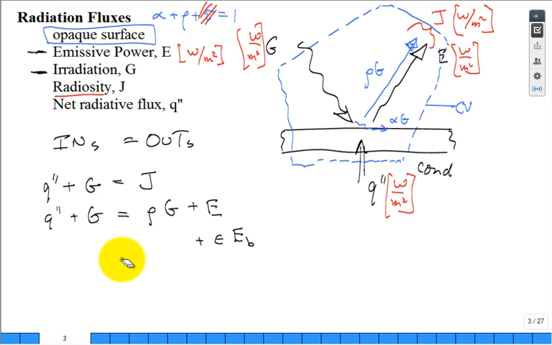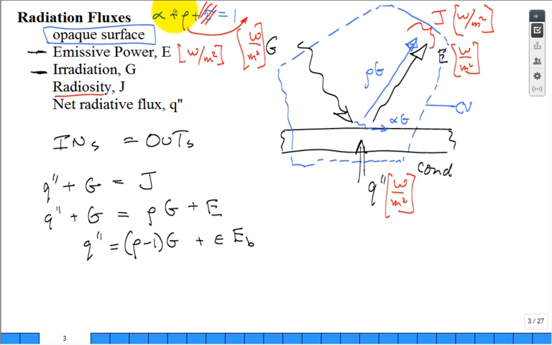Now I'm going to bring that G to the other side. That's equal to rho minus 1 times G, Q double prime. Okay, this is rho minus 1, reflectivity minus 1. If I come up over here, I bring this reflectivity to this side. Don't I have 1 minus rho?